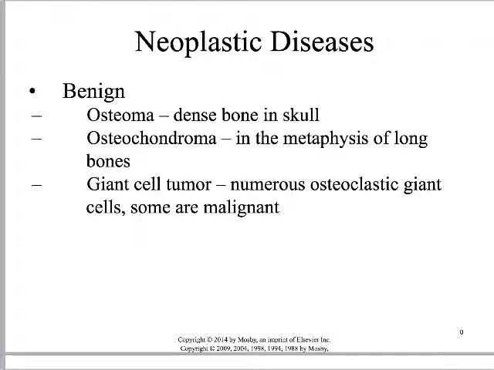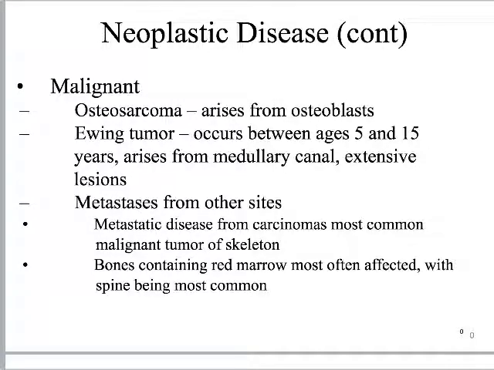Cool. Finally, thinking about neoplastic diseases of the skeleton, we have benign things like osteomas, which are dense bones in the skull, osteochondromas, and giant cell tumor. These giant cell tumors can wind up becoming malignant. The main malignancies that we're concerned with are osteosarcomas.